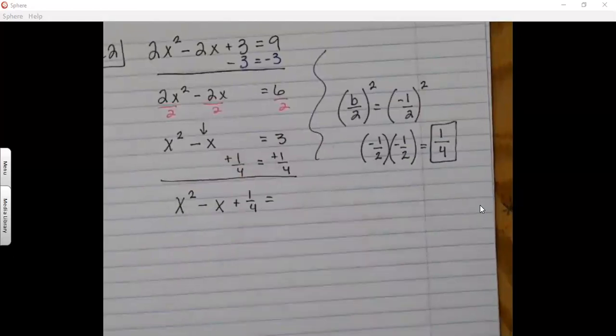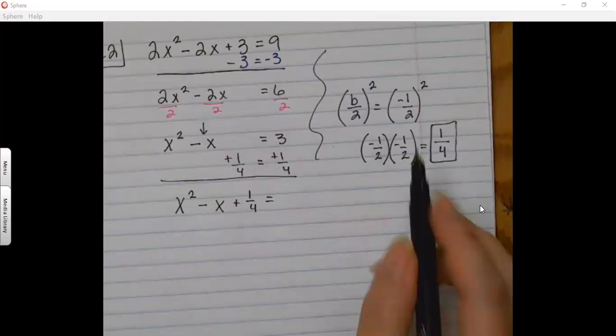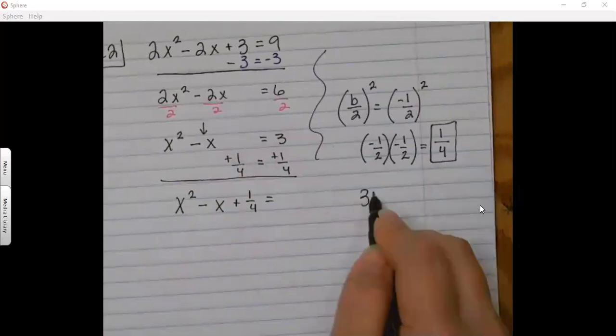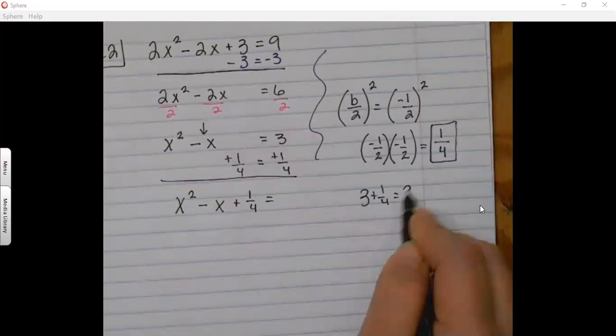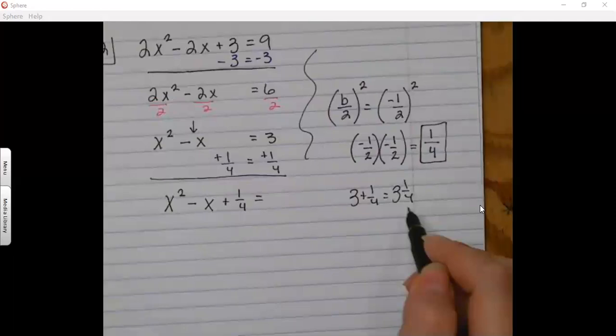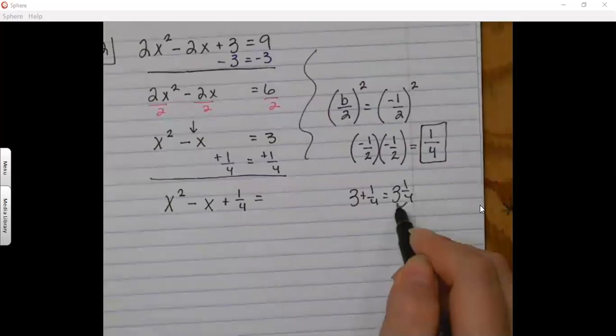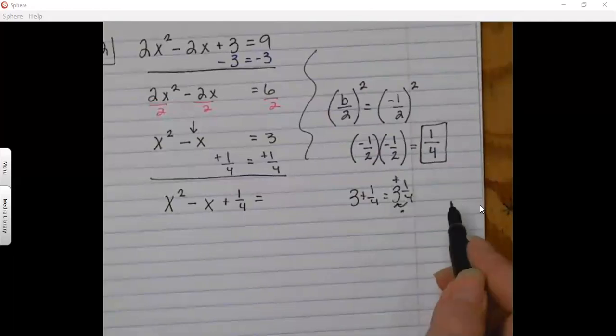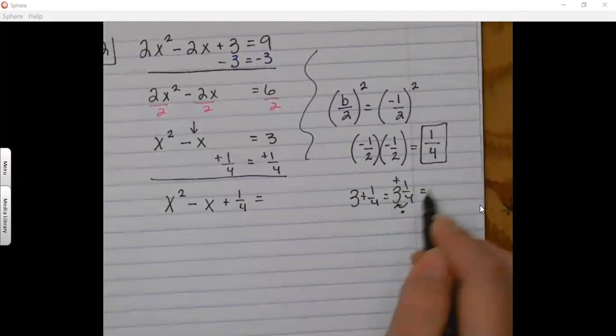Hey, isn't 3 cups of sugar plus a 1/4 cup of sugar 3 1/4 cups of sugar, right? So 3 plus 1/4 would give me 3 1/4. But if it's a fraction, you don't want it to be a mixed number. You want it to be an improper fraction, okay?